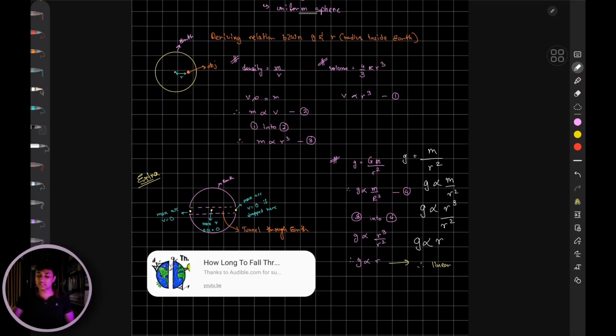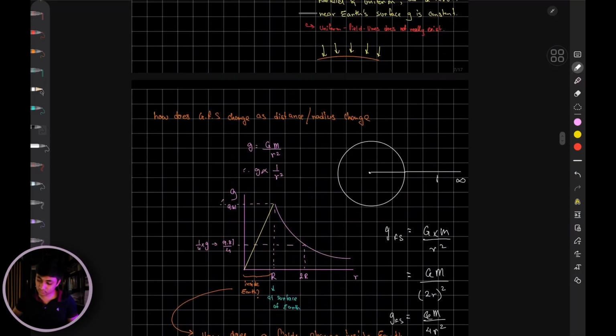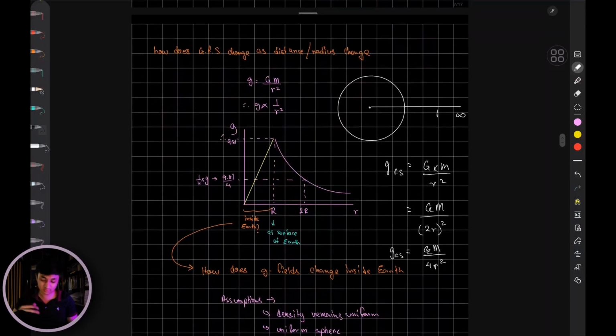Therefore, if you look at this curve, this straight line, how does gravity vary with distance inside the Earth? It goes from 0 at the center to the gravity on the surface. It turns out to be 9.81.